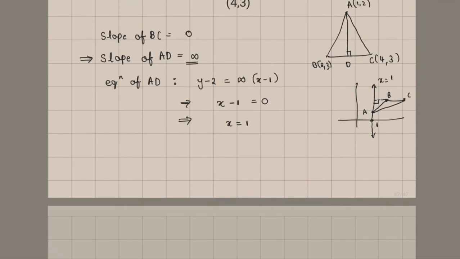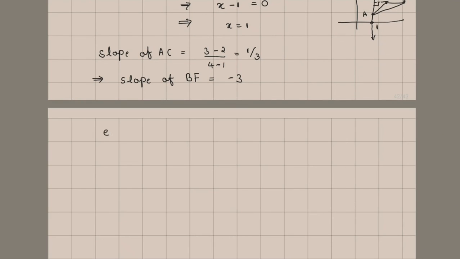Similarly, the slope of AC equals y2 minus y1, which is 3 minus 2, by 4 minus 1, which is 1 by 3. So the slope of BF, let's say this is BF, equals minus 3, because their product should be minus 1.